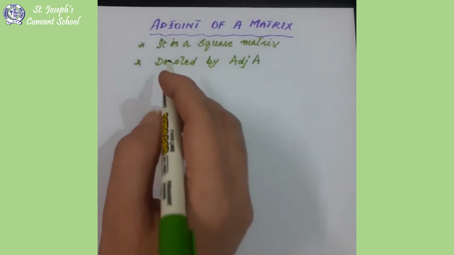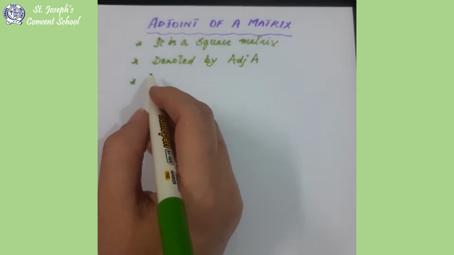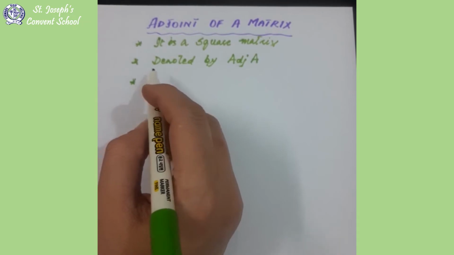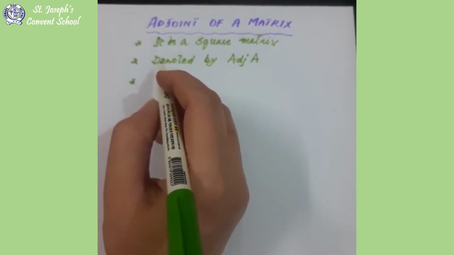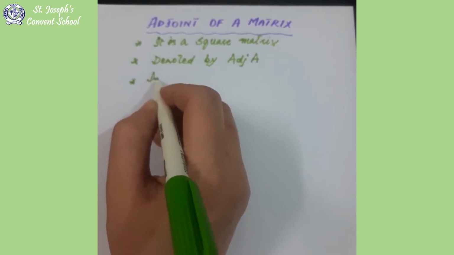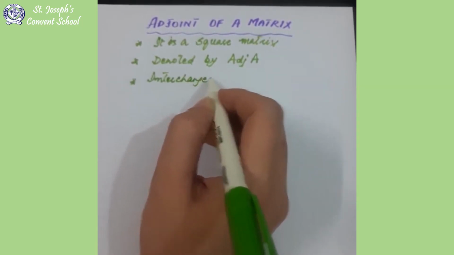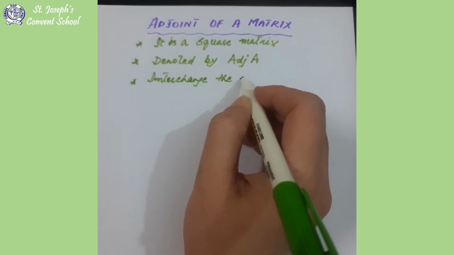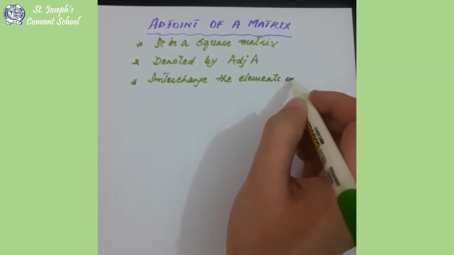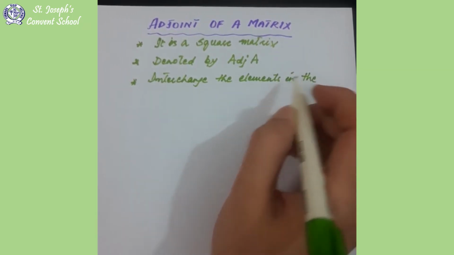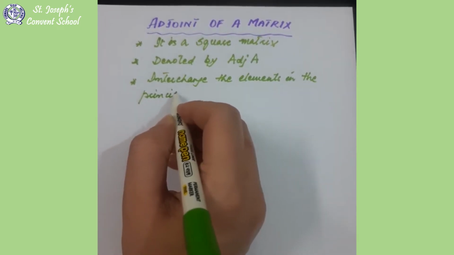Now what we do in this adjoint matrix, we exchange the elements of first and last, that is principal diagonal. First and last elements are principal diagonal, so interchange the elements in the principal diagonal. Now what is principal diagonal?